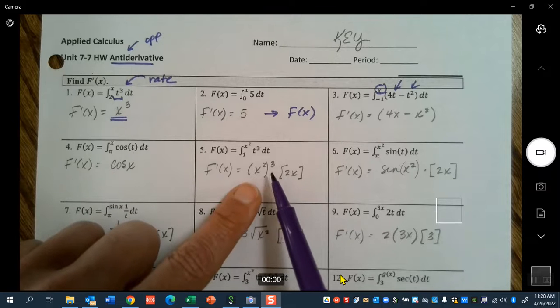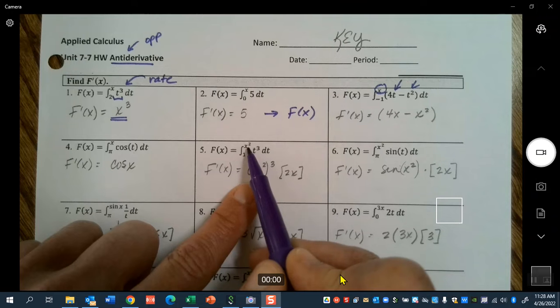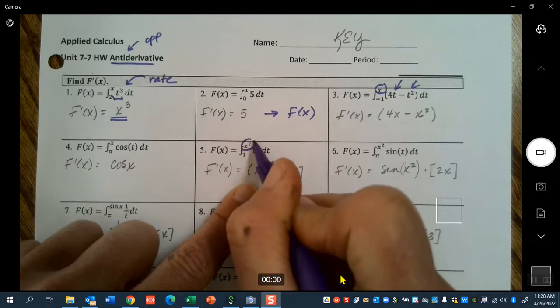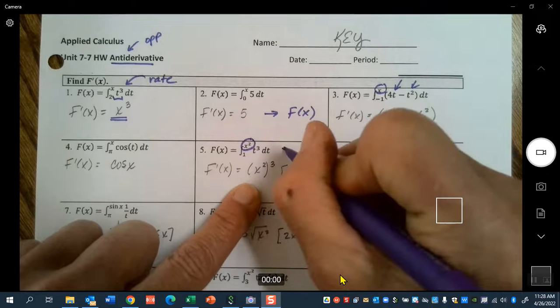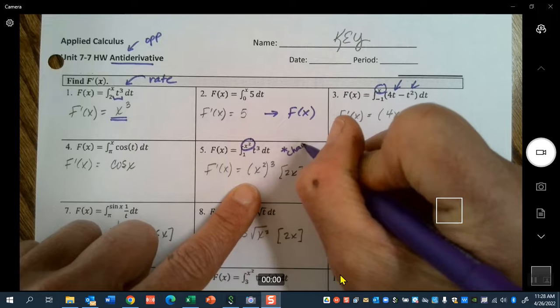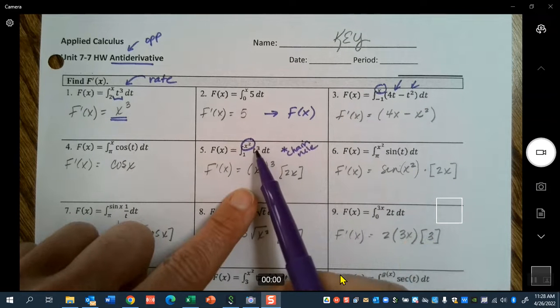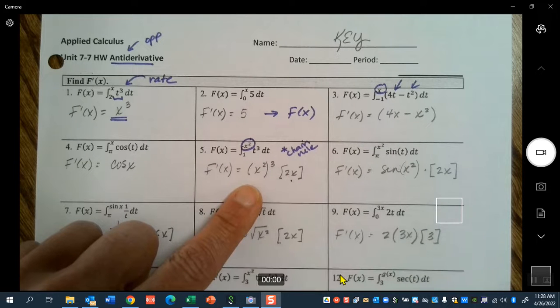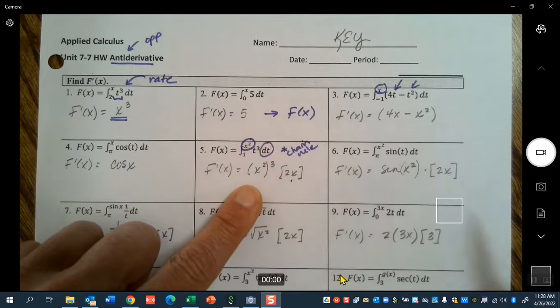What's interesting here is when I put this x squared into this function, I have to think about what the derivative of that is, and that was where we talked about the chain rule, where when I put this value in here, I need to also add the derivative of what's inside. And we're going to talk about how that represents that dt.